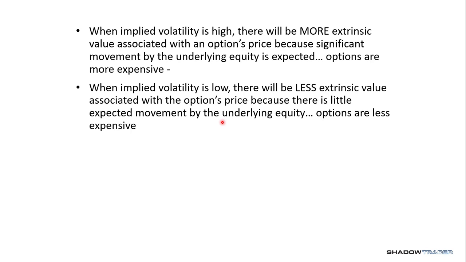Then when implied volatility is low, there's less extrinsic value associated with the option's price because there is little expected movement by the underlying equity. If I have a house in Florida, hurricane insurance is expected to be high because there's a higher probability of it hitting my house.